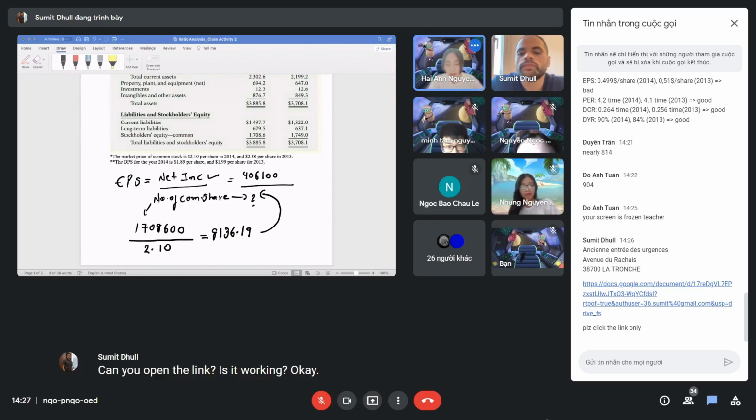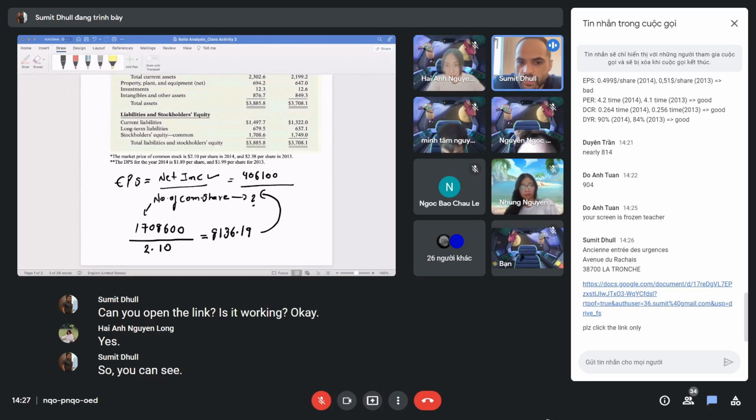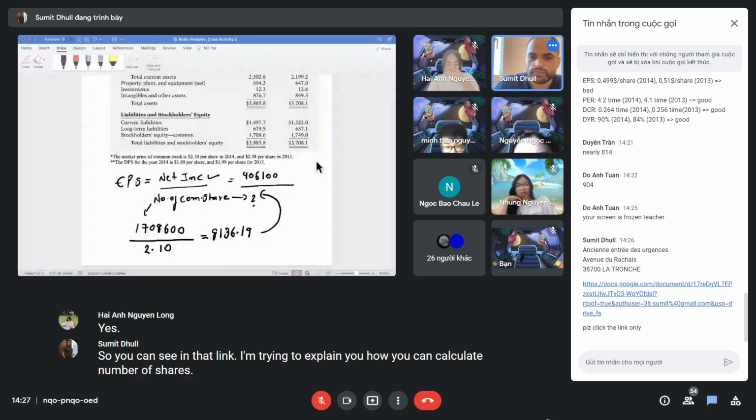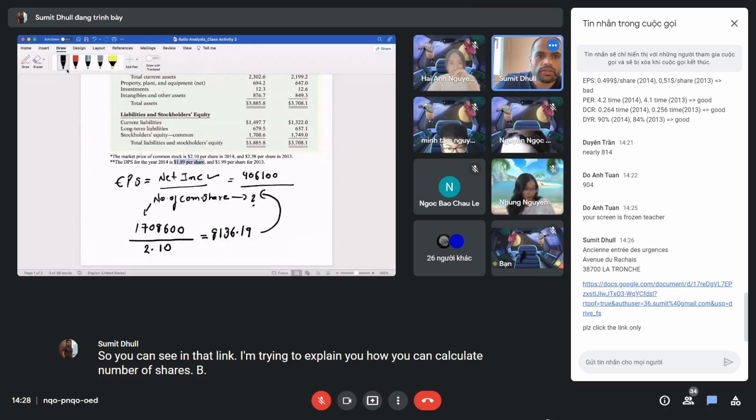So you can see in that link, I'm trying to explain how you can calculate the number of common shares. This is your number of common shares.